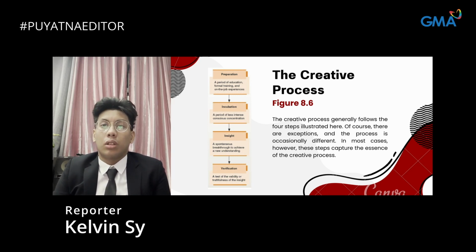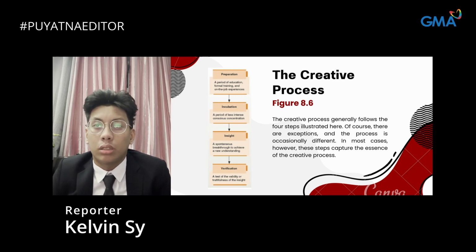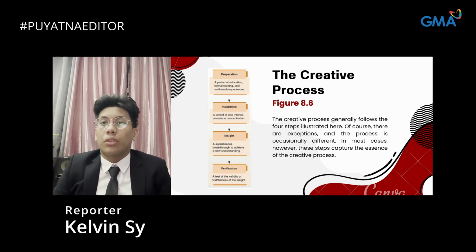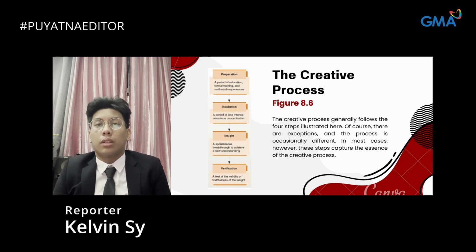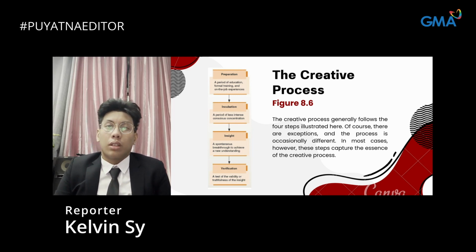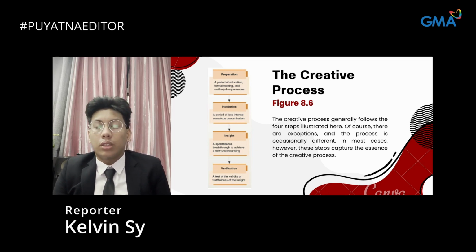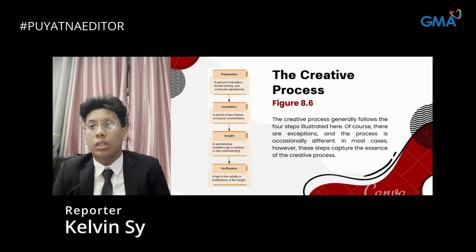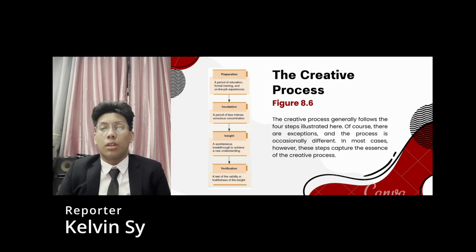Incubation: subconscious processing of information gathered, often leading to sudden insights. For illumination, you have the emergence of novel ideas or solutions, characterized by a burst of creativity. Lastly, for verification, we have evaluation, refinement, and testing of ideas or solutions for feasibility and effectiveness.